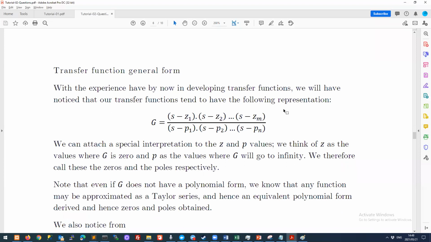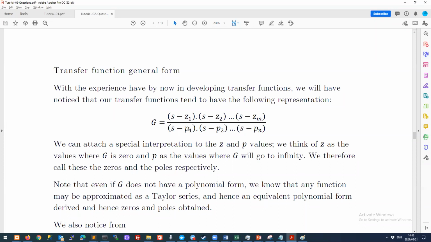If we just think about the process itself for now, quite often, if you think about last week's tutorial, when you derived all those situations and worked out the transfer function, you were generally finding equations of this form. There was some polynomial in the numerator and some polynomial in the denominator.